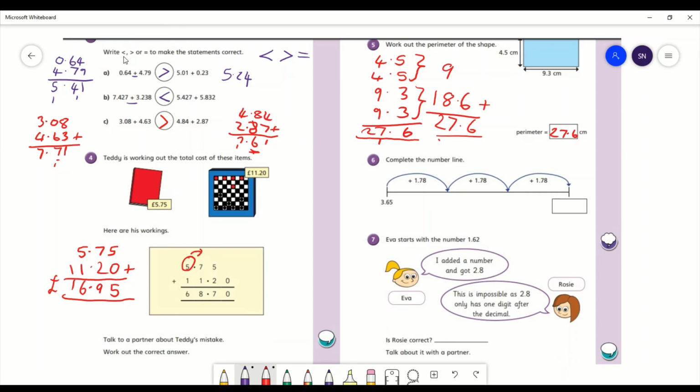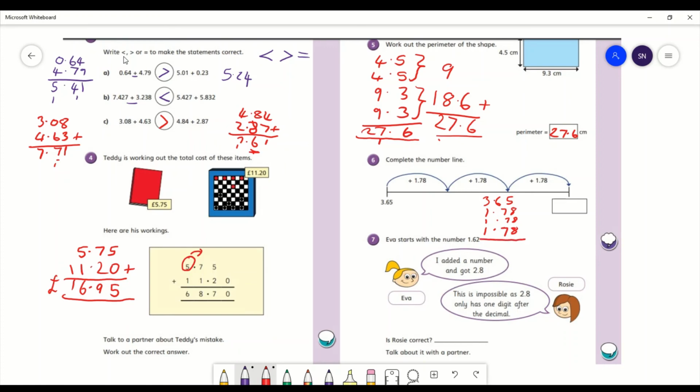This one here, complete the number line. So let's think he's adding 1.78, add 1.78, add 1.78. Let's do this as a column. He has 3.65, 1.78, 1.78, I start to drift with my columns, 1.78.